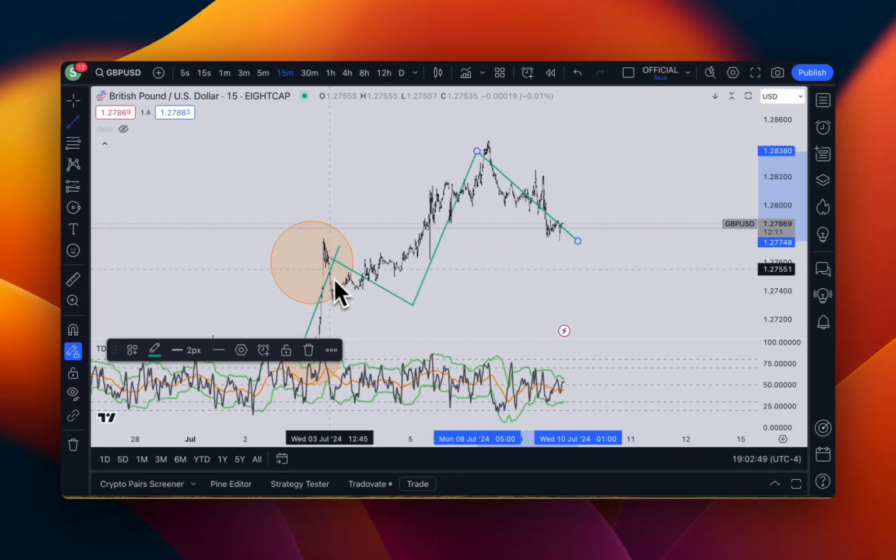And in this case, we came back down a little bit, but not as much as we might have in other examples, and then we just really continued up. And so market structure, when combined with TDI, when combined with other confluence, could really make a difference in your trading.